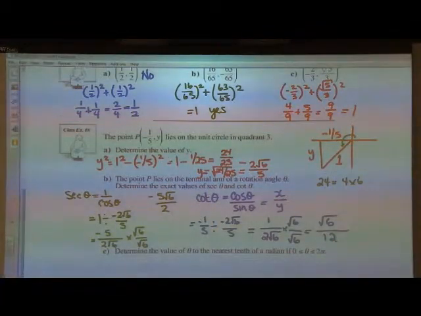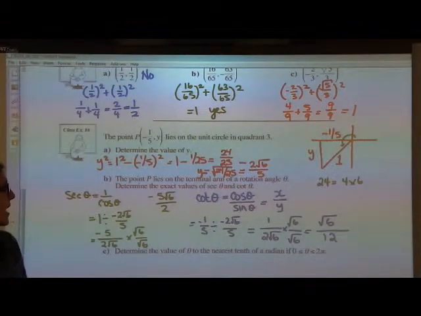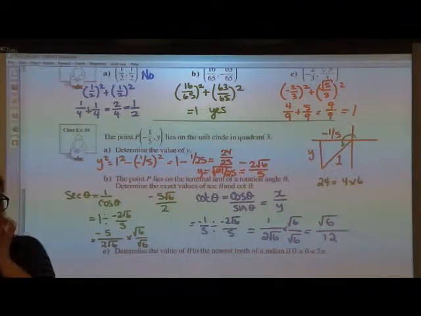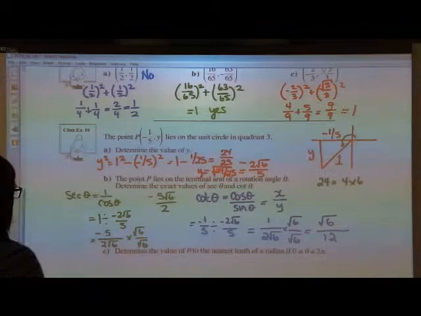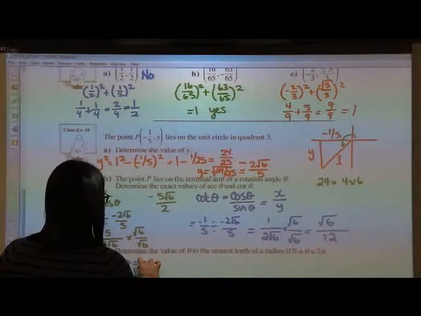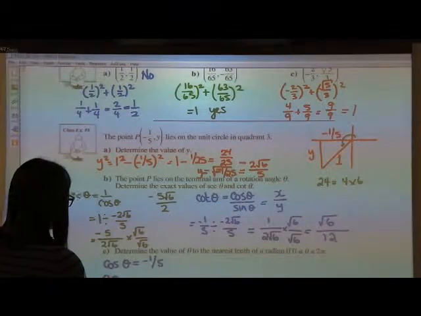And then question C says, determine the value of theta to the nearest tenth of a radian if theta is between 0 and 2 pi. So again, I've got that cos theta is equal to my x-coordinate, which is negative 1/5. This is in quadrant 3.